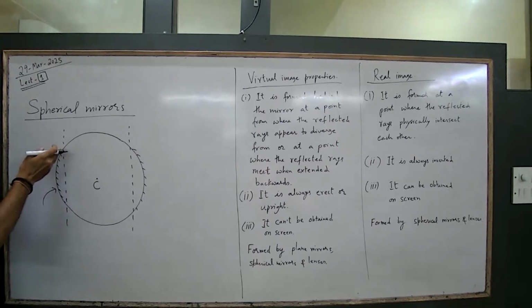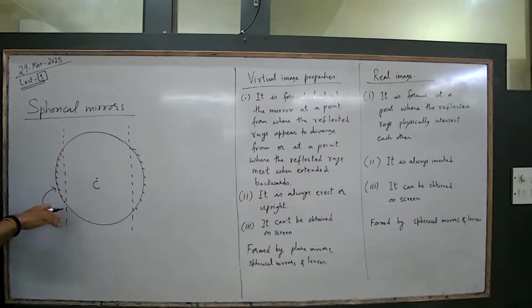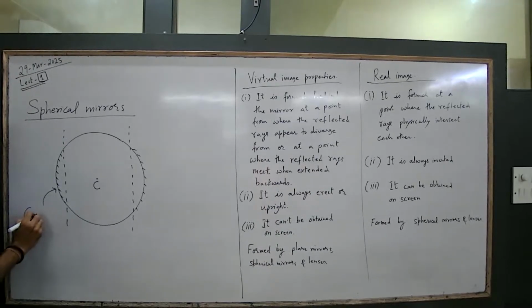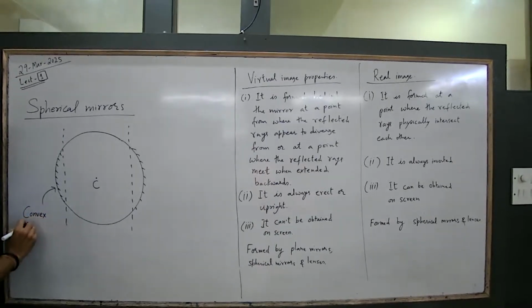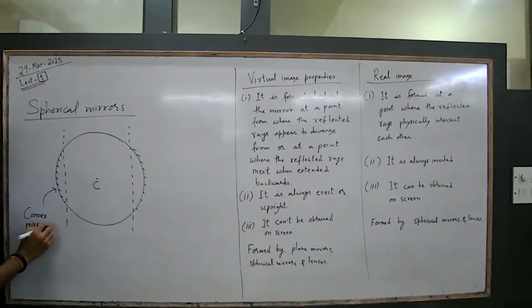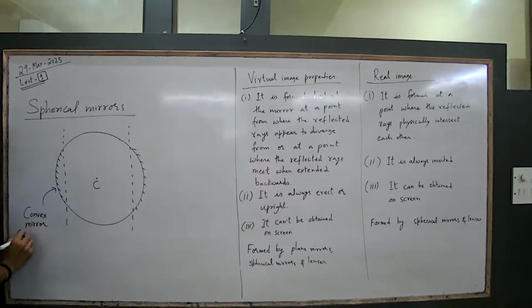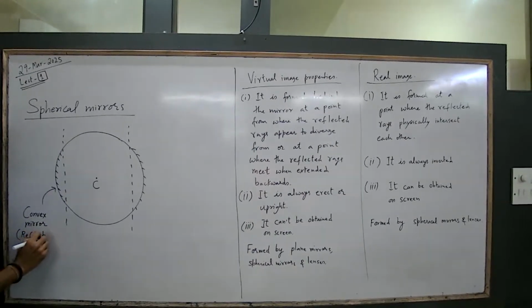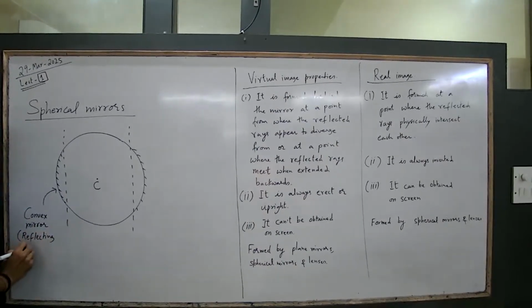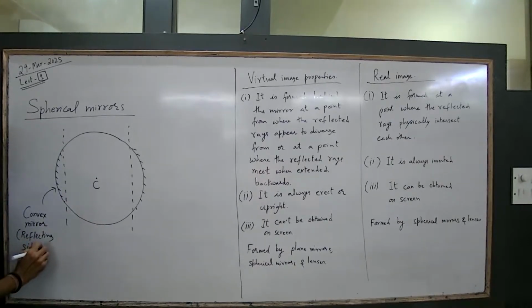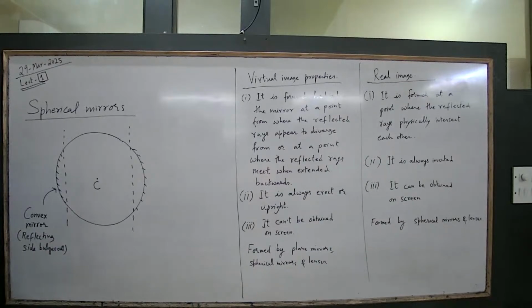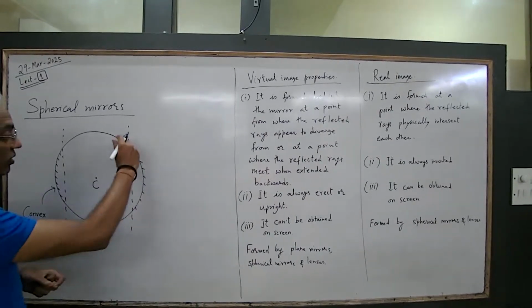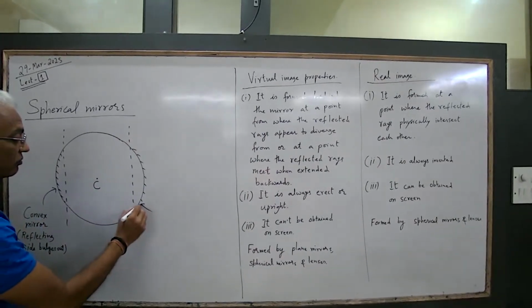The mirror where the reflecting side is bulging out is called a convex mirror. So here the reflecting side bulges out. And this kind of mirror is called a concave mirror.